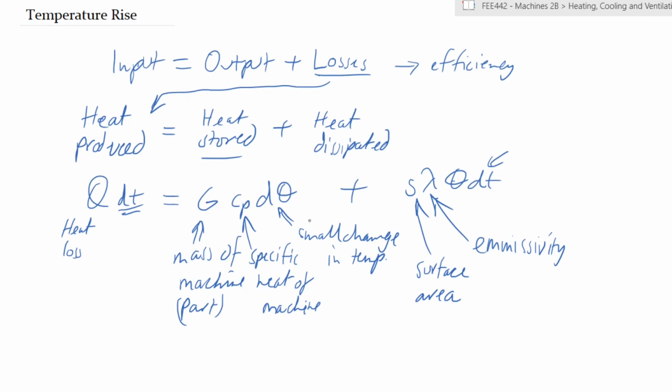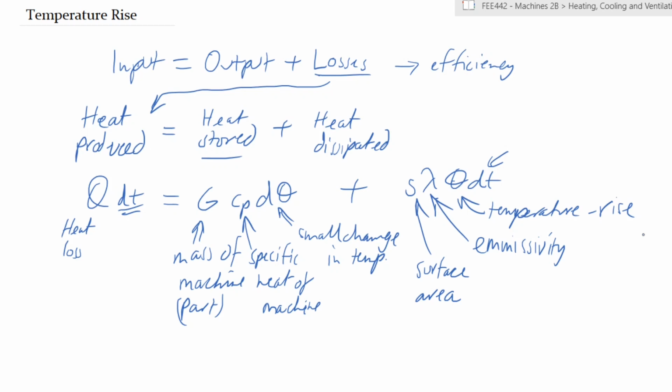So the emissivity times the surface area times your temperature rise, not just the temperature of the ambient surroundings, but the rise in temperature above or below, below would be a negative rise, the ambient surroundings. How much of that heat causes a temperature rise within the machine?